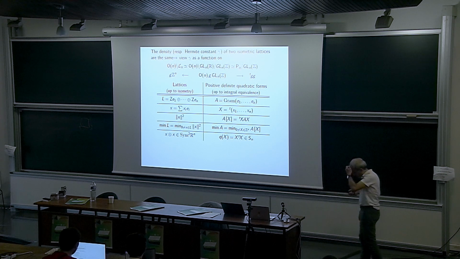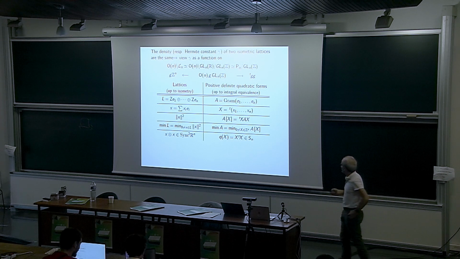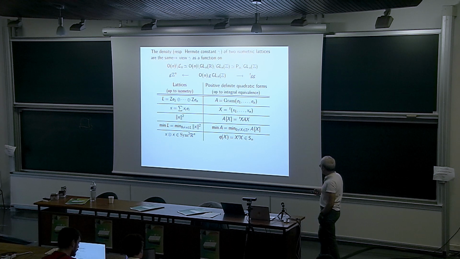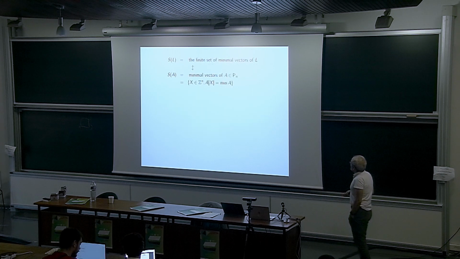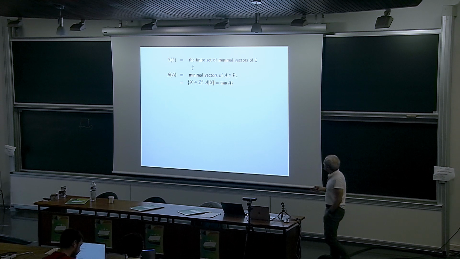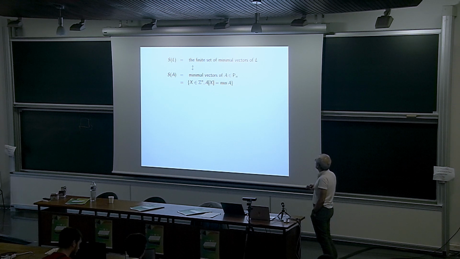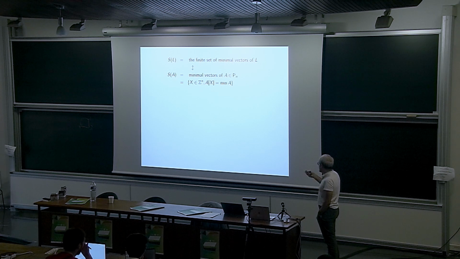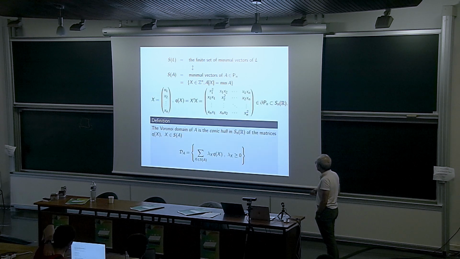So this will play an important role in the definition of perfect forms in the next slide. So associated to a lattice, there is a well-defined finite set of minimal vectors, and corresponding to that, on the side of quadratic forms, you can define the set of minimal vectors of a positive definite quadratic form.